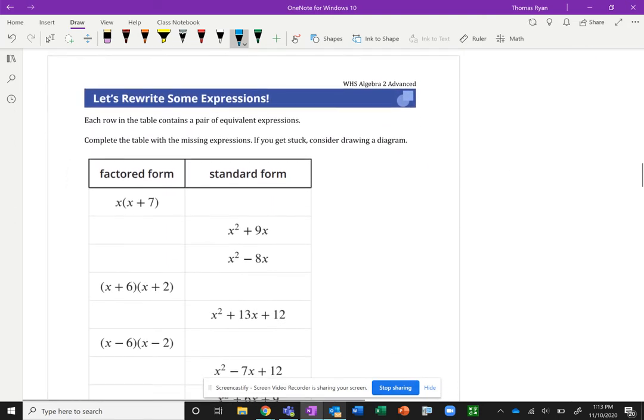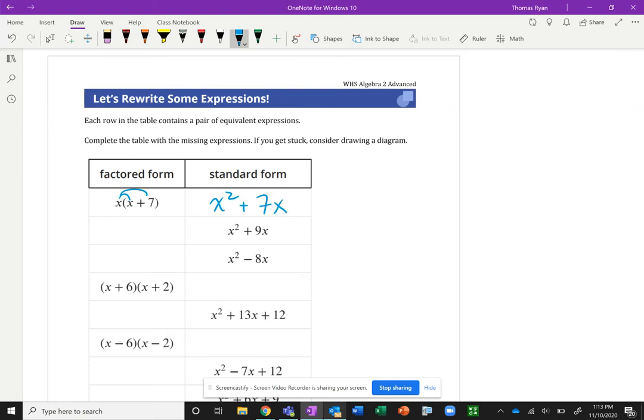So let's rewrite some expressions. First, we're going from factored form into standard form, or we might have to go back. So we know that factored form into standard form, we can just distribute. So we know x times x is x squared, x times 7 is 7x.